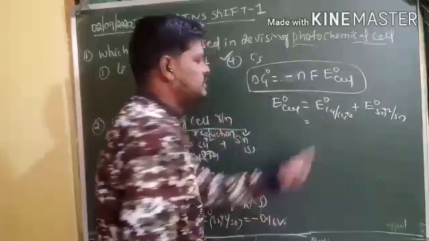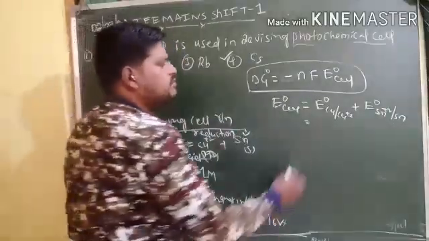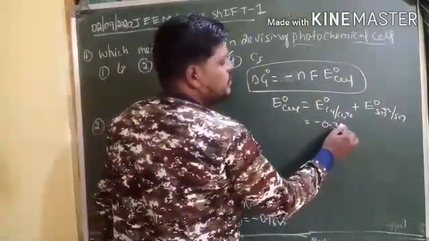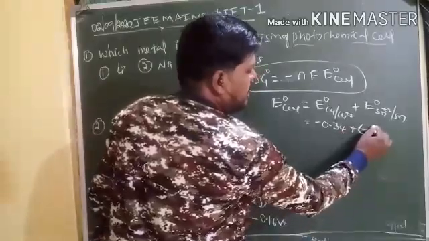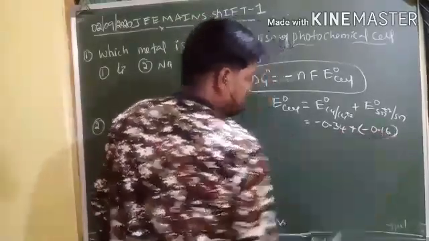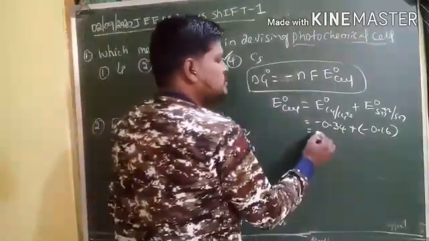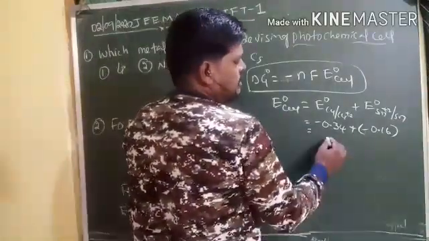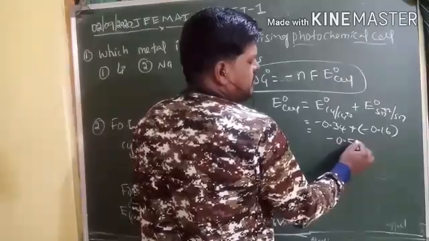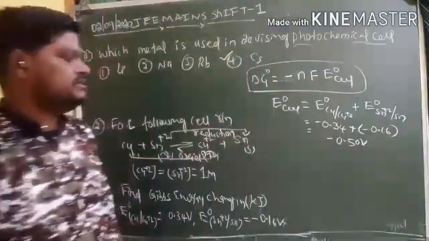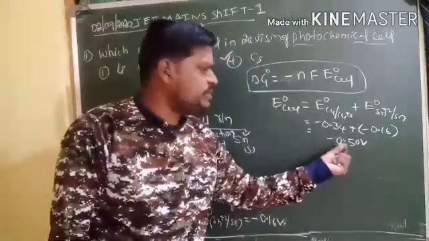So that is equal to your copper value, how much, sir? 0.34. So minus 0.34 plus minus 0.16, because the tin value is minus 0.16 here. So it works out to minus 0.50 volts.